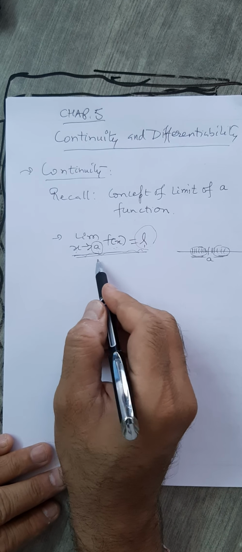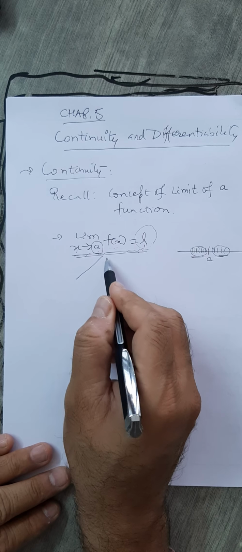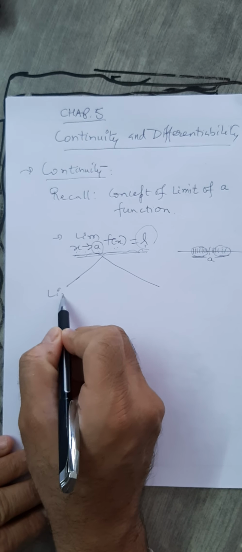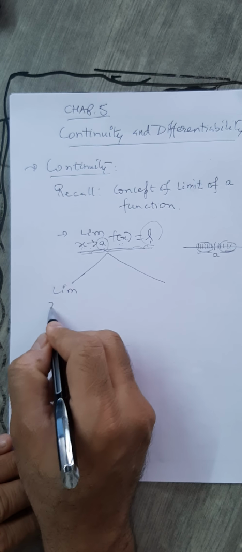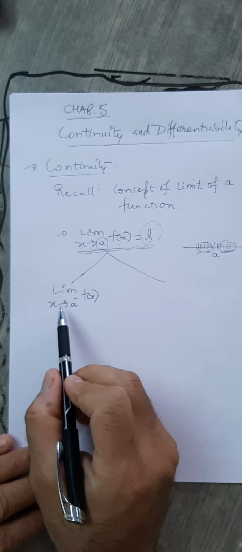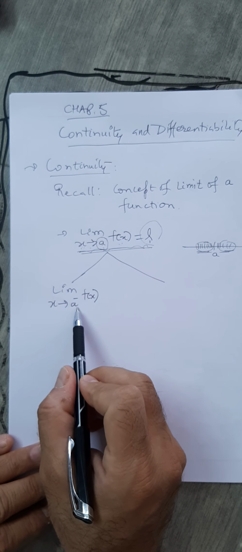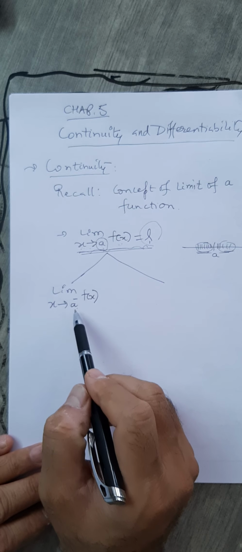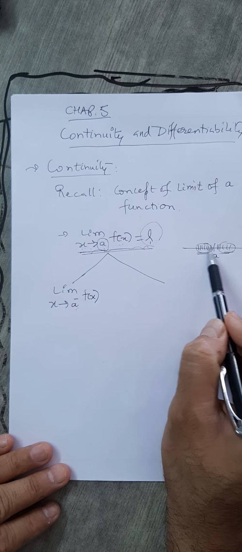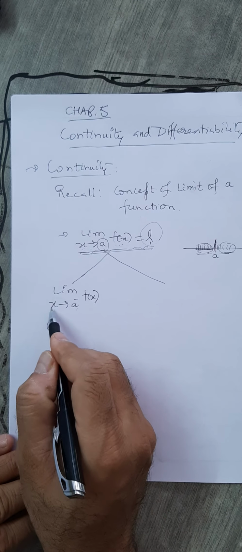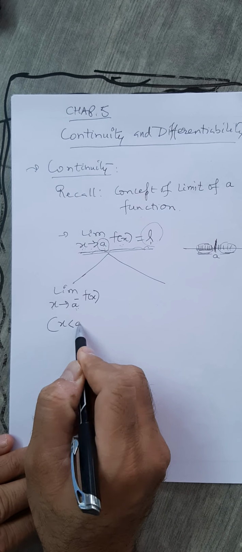Okay. Now here based on the values of variable x, we had two limits. Limit from left, limit x tends to a from left of f(x). Now when you say that limit x tends to a from left here, that means all values of variable x are of course close to a, but values are taken from which side? Left side of a. So here x is always less than a.